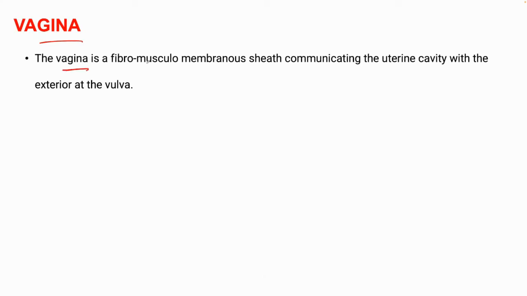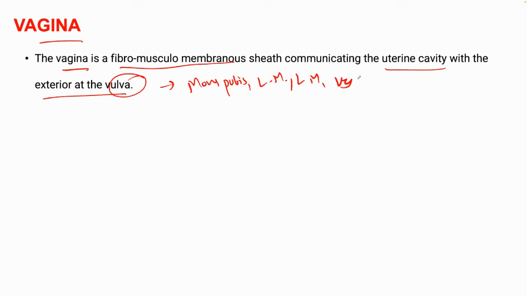Now we will learn each organ in detail in different sections. So in today's section we are going to learn the vagina. The vagina is a fibromuscular membranous sheath, because it contains both fibrous and muscular tissue, communicating the uterine cavity with the exterior at the vulva.